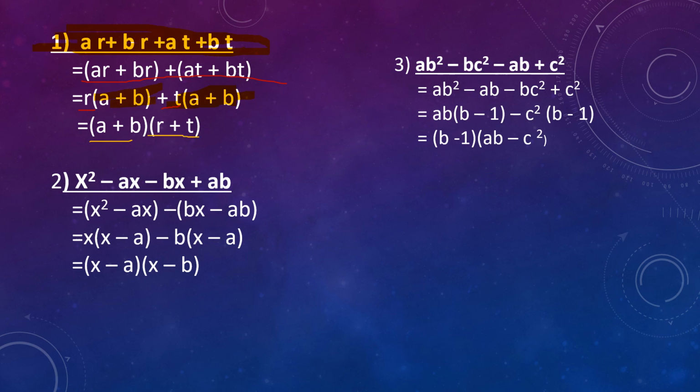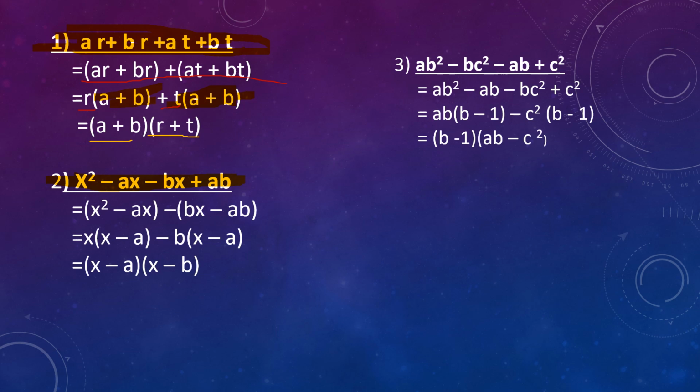Moving towards the second question where minus is there to trouble you, but no problem. X square minus AX minus BX plus AB. Children, here you need to arrange the term, group the term. When you group the term, you need to carry their sign. If you are shifting them from one place to another, like here you are not shifting, so it's okay.